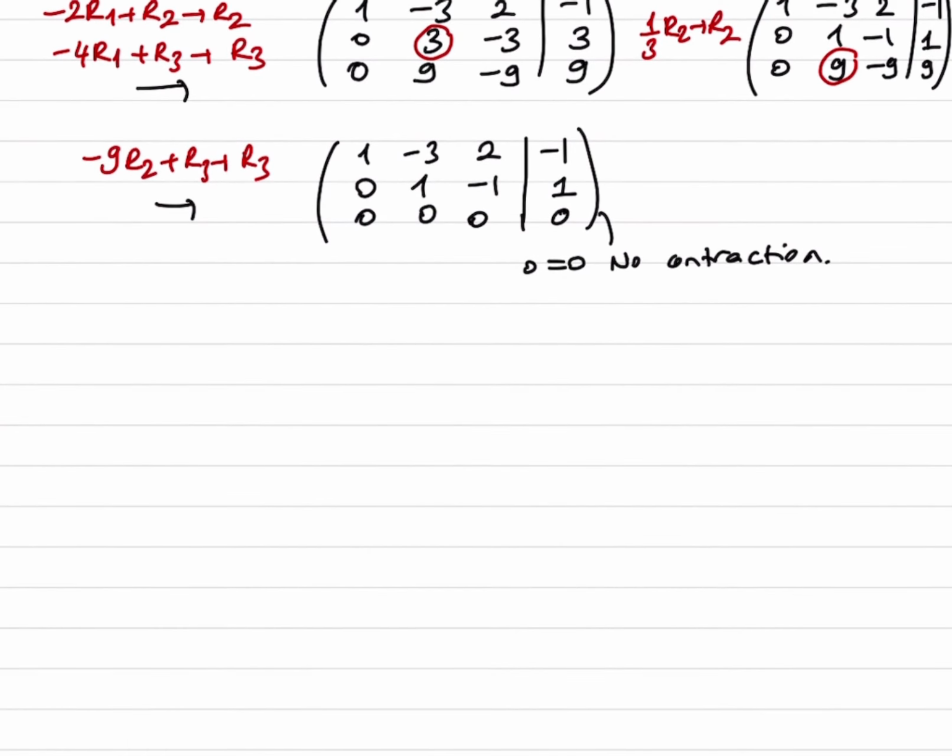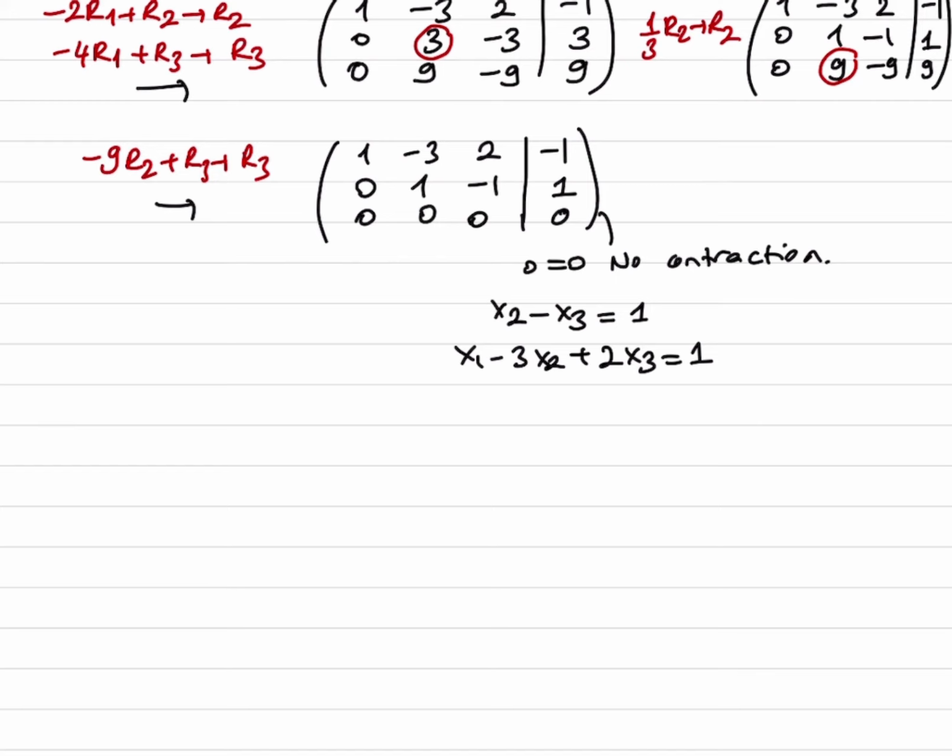Okay, then what we can read from here: 0 is equal to 0, and from the second row we can read x2 minus x3 is equal to 1, and x1 minus 3x2 plus 2x3 is equal to 1.